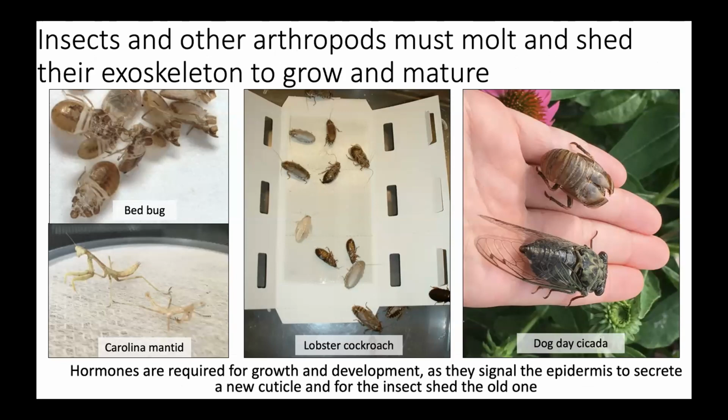They've got different instars, and it's usually first instar, second instar, third instar, and some of them will always have 3 instars in their larval stage, and some of them will always have 5 instars. And so we always kind of know when that particular insect will molt, and it really depends on the hormones. It depends on some of the environmental conditions, but you will see their shed exoskeleton.